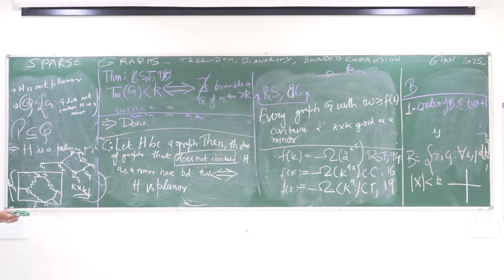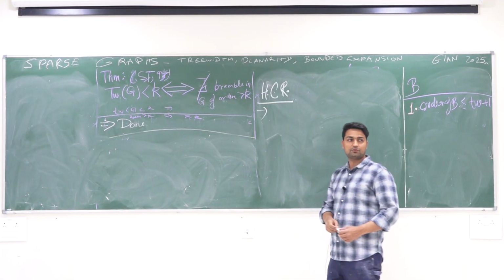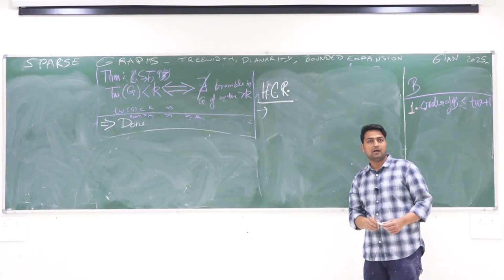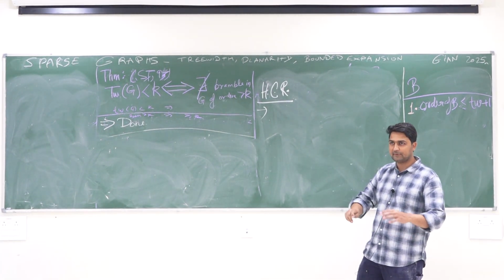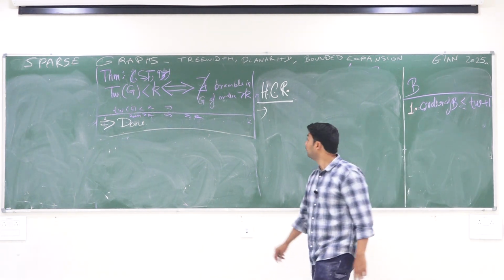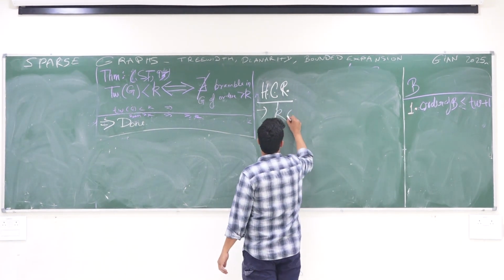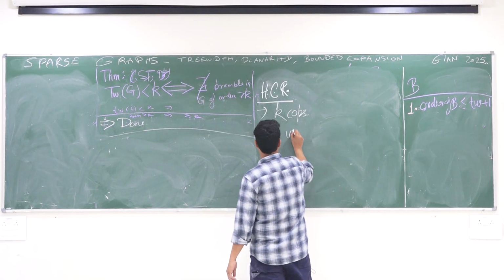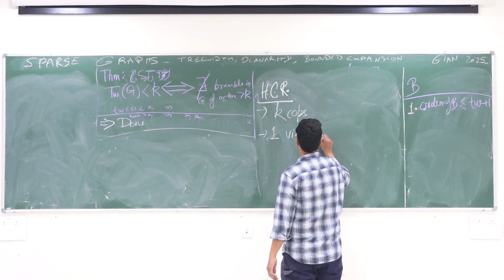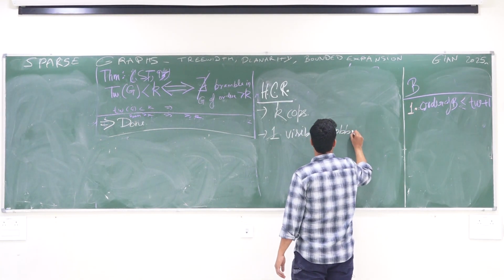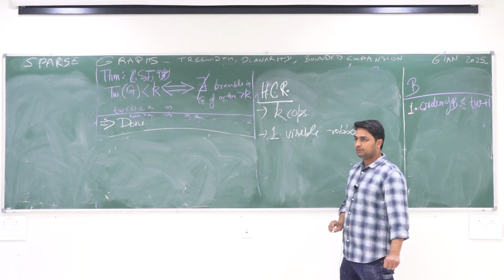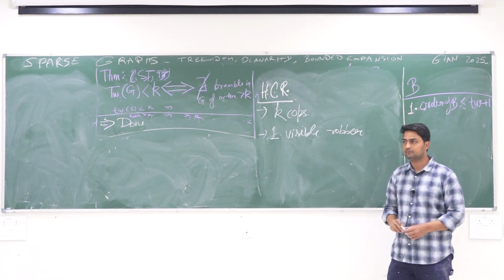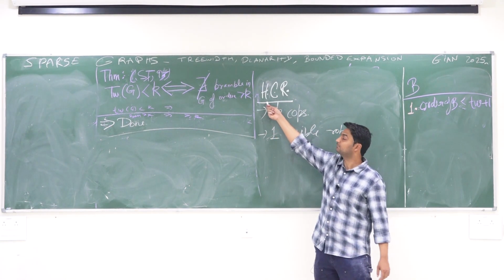Okay. So let's talk about Cops and Robbers, and a specific version of the Cops and Robbers game where there are k cops and one visible robber. What is H for? H is helicopter.